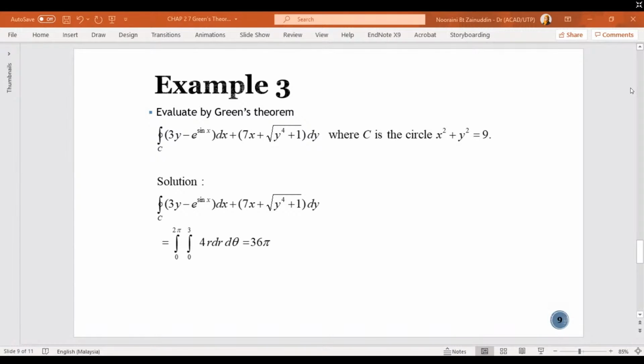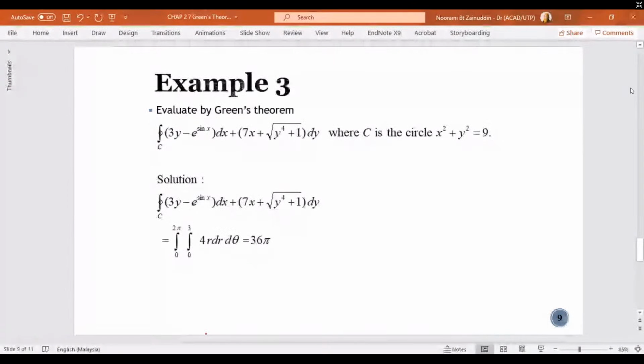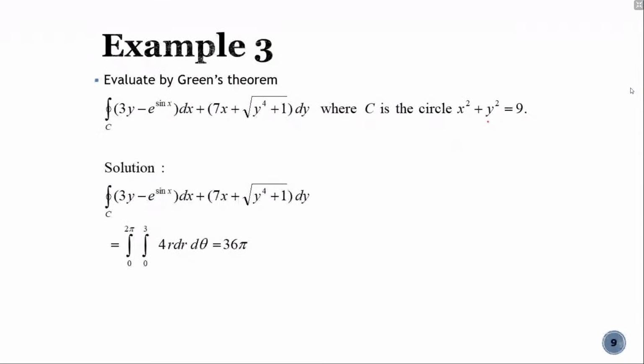If C is a circle, it means your closed curve is a circle with radius 3.